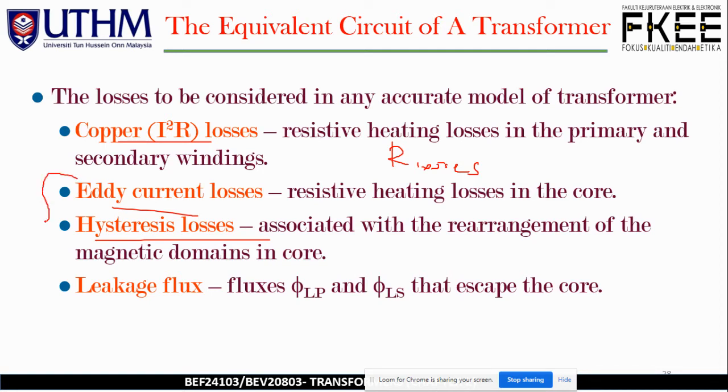Again, these two are known as core losses, the E losses. And then finally, the leakage flux, flux from LP and also flux from LS that escapes the core, or we can simply represent it as the X losses, the reactance losses.